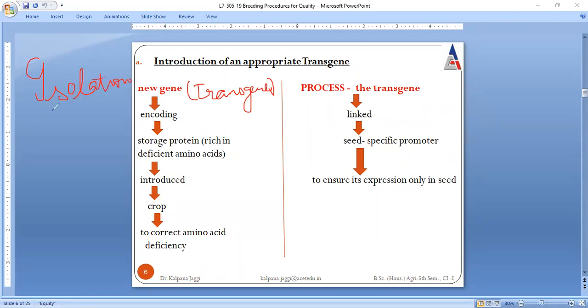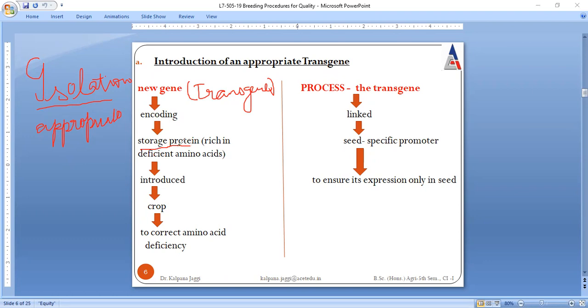Very important: this new gene must be appropriate. That means it goes for the improvement of protein quality. Whatever new gene is being isolated, it must encode a storage protein.